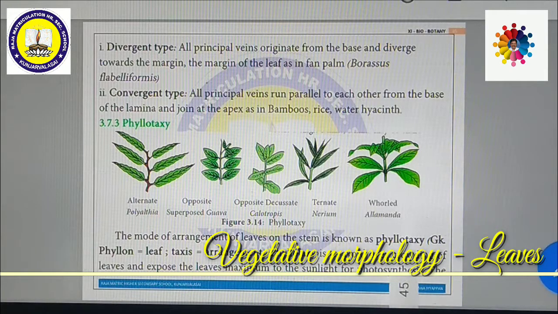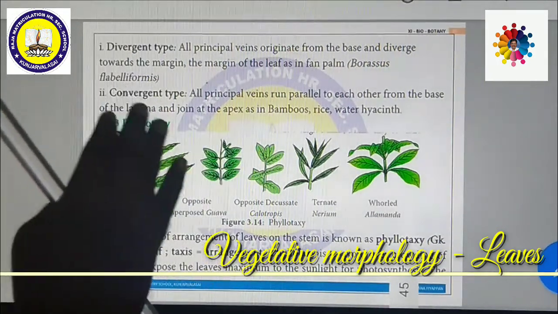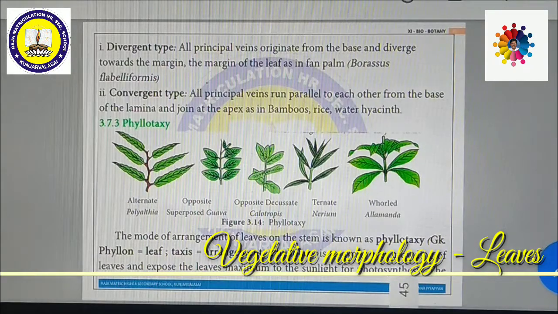Then convergent: all principal veins run parallel to each other from the base of the lamina and join at the apex, as in bamboo. Bamboo means mungi. Rice, paddy, water hyacinth, that is iconium. These are all examples for the convergent type of palmately parallel venation.